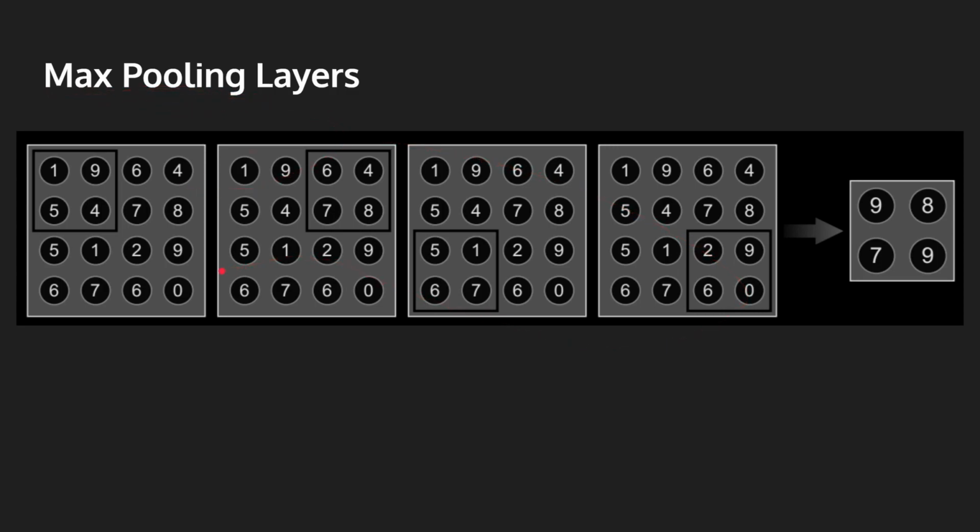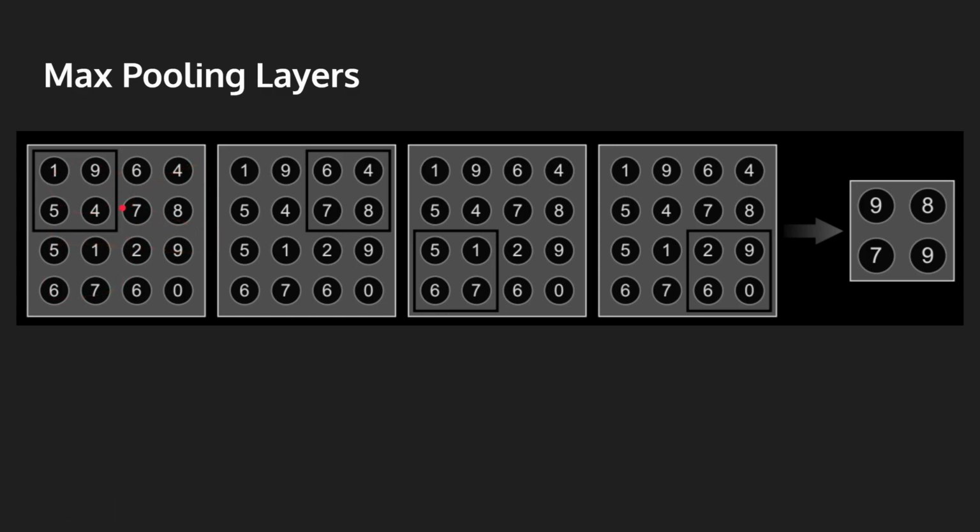So what max pooling layers are, basically, they're sliding windows as well. They're kernel sliding windows, and we also provide them with a stride value. So in this case, the stride seems to be 2 since we're jumping over 2 values, right?